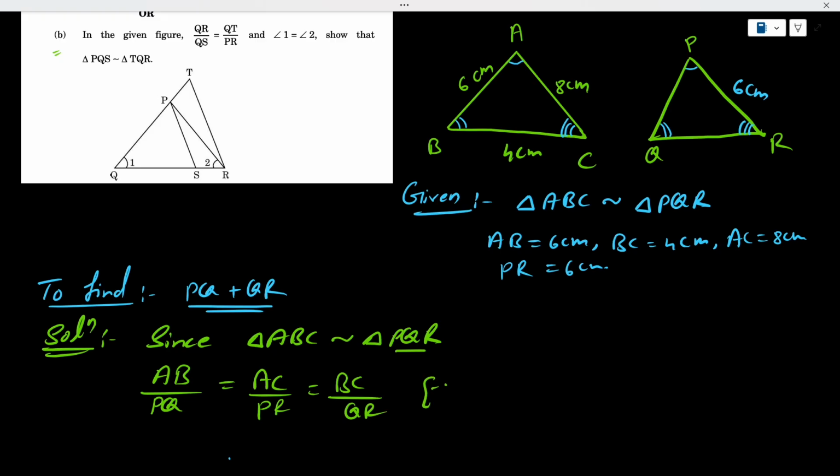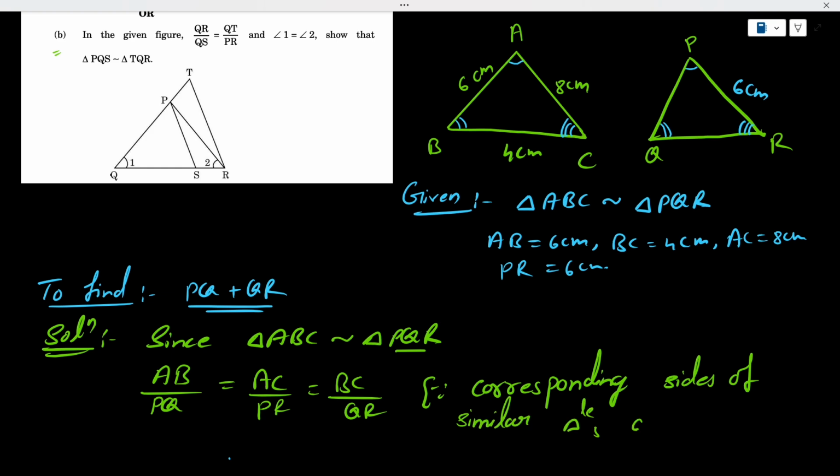And you will write down the reason, for which half mark will be given: corresponding sides of similar triangles are proportional, or are in equal ratio.